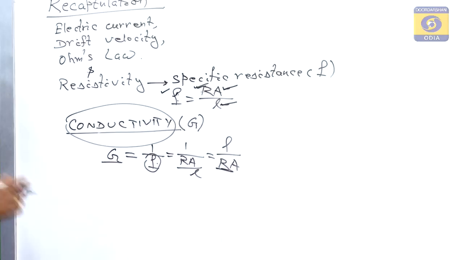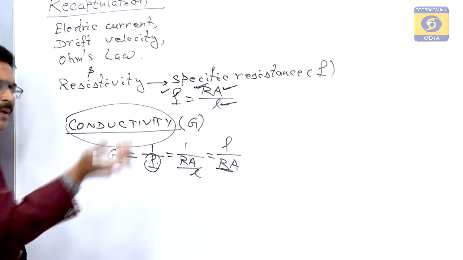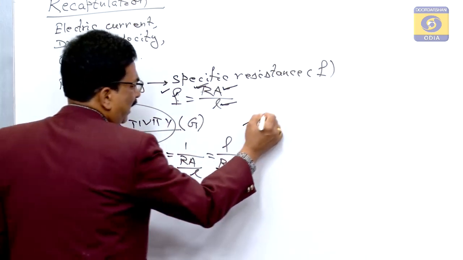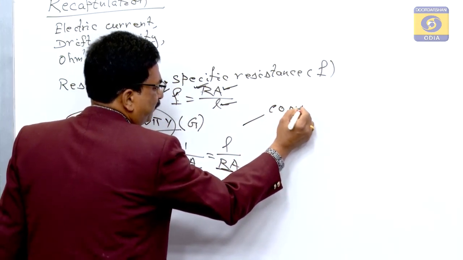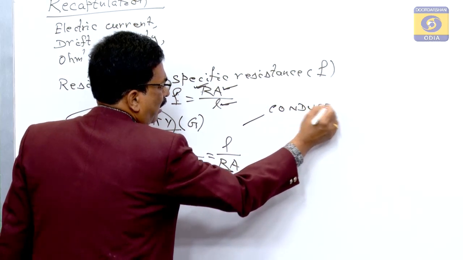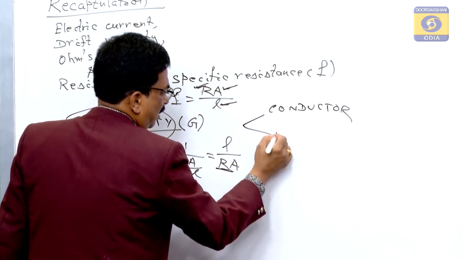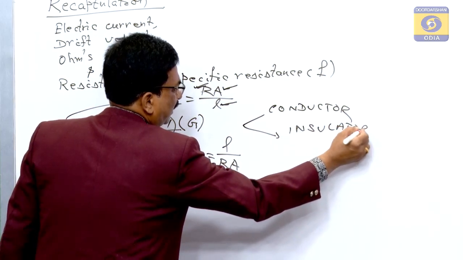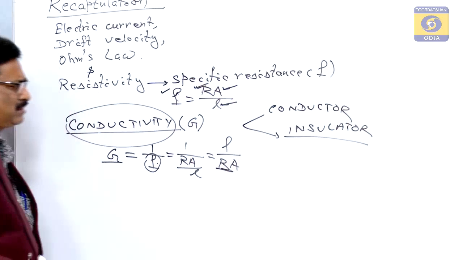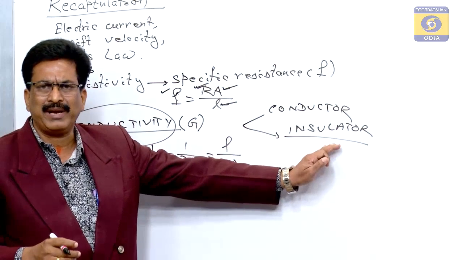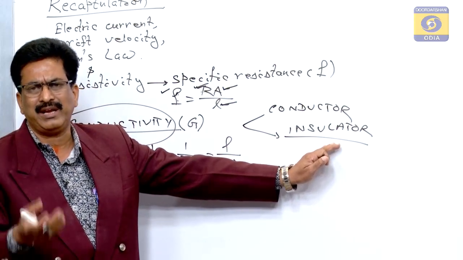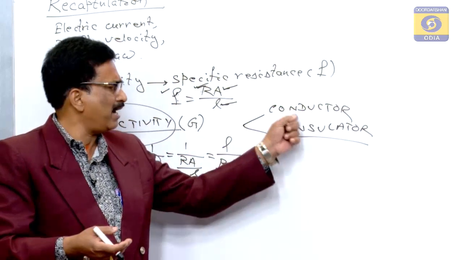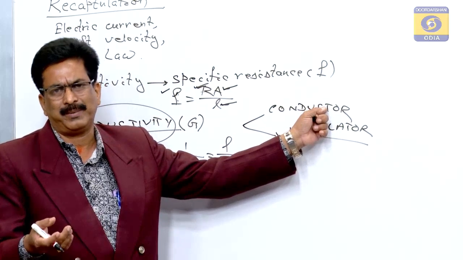Depending upon that, we will discuss the conductivity of a material, and that material is either a conductor or an insulator. Regarding these two we have to first discuss. Insulator, as you know my dear students, in our own language is known as Kuparivahi, and the conductor is Suparivahi.